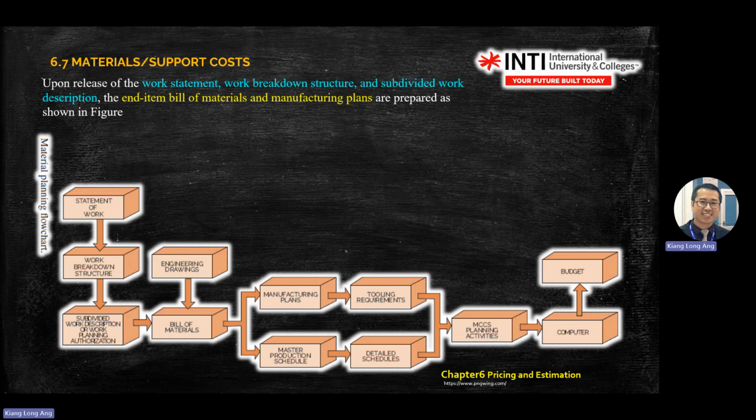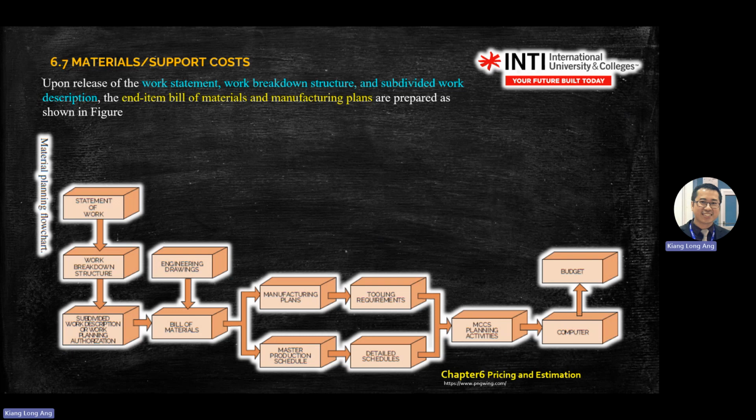Okay. So this is the diagram. Upon release of the work statement, work breakdown structure, and so on, the end item manufacturing plan and the end item bill of materials and material plans are prepared according to this flow. So this one is important for your test because you can draw it, right?